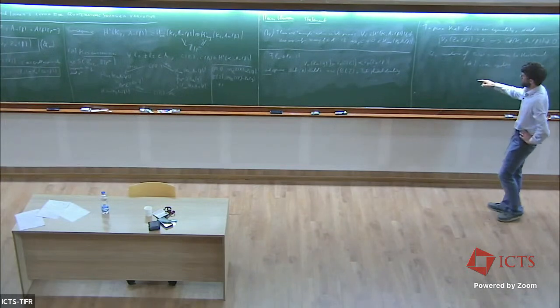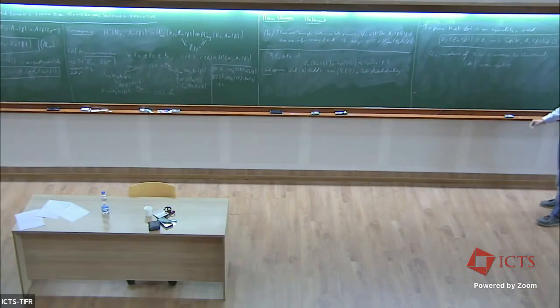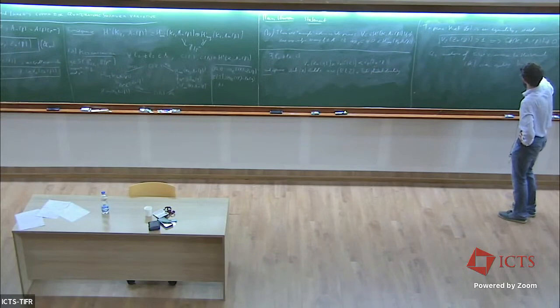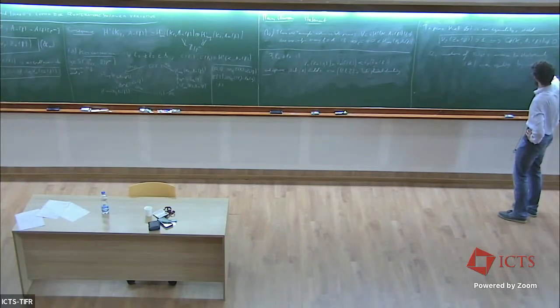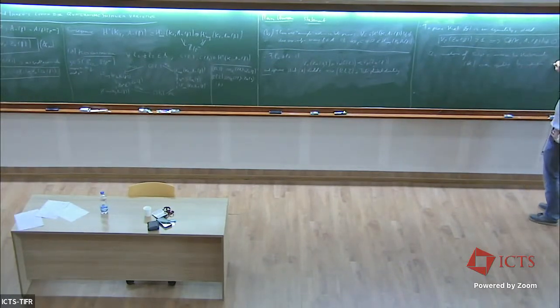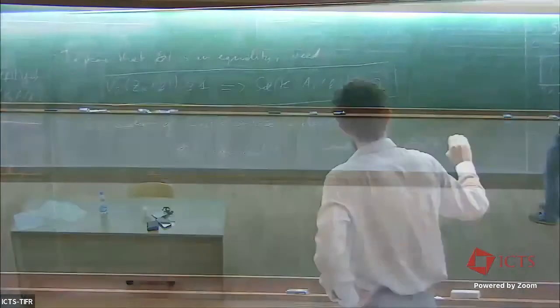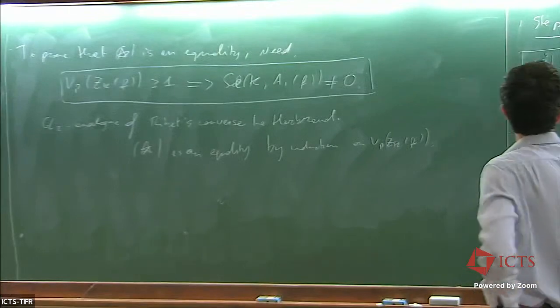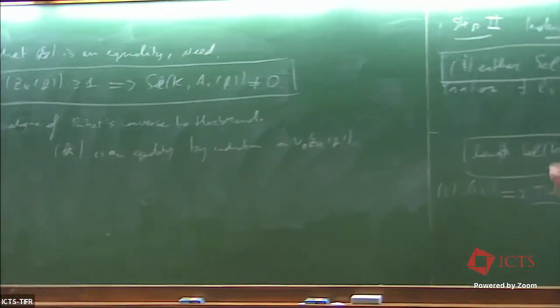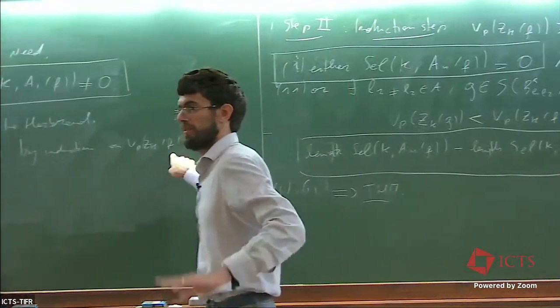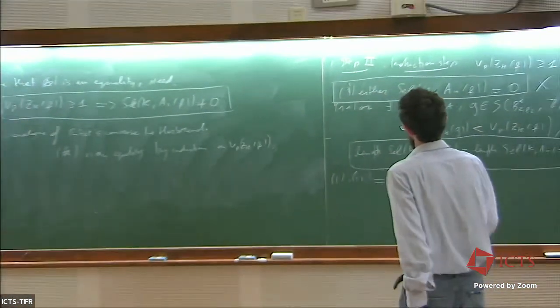The assumption is again that the L value doesn't vanish, so you can still prove it by induction on the p-adic valuation of the zeta element. And if it's 0, that's exactly the base case. This step 1 takes care of it. And now you just check step 2.